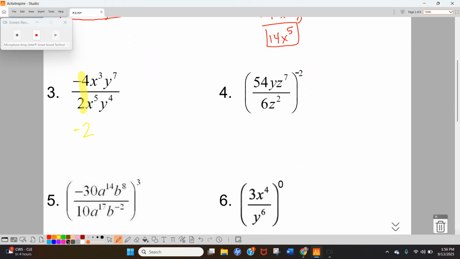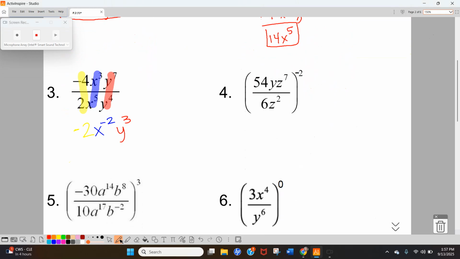Then if we do the x's, 3 minus 5 gives us x to the negative 2, because 3 minus 5 is negative 2. And then y to the 7th over y to the 4th will give us y to the 7 minus 4, so y to the third.